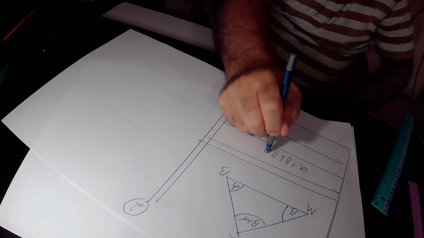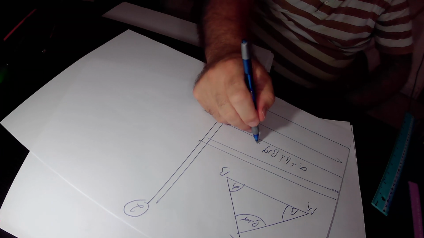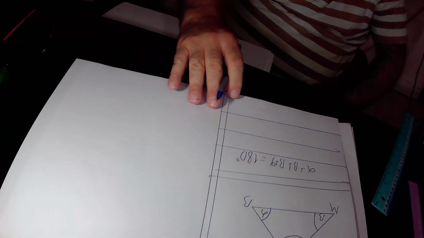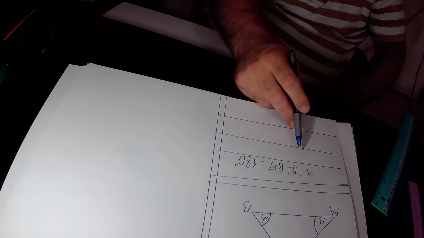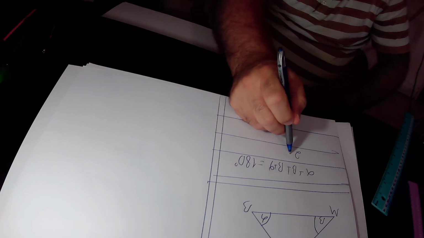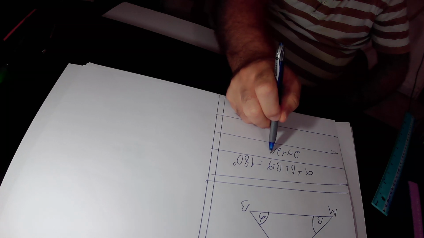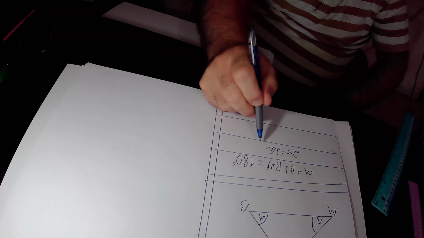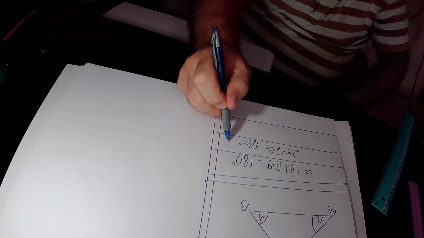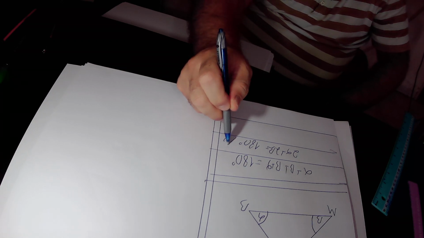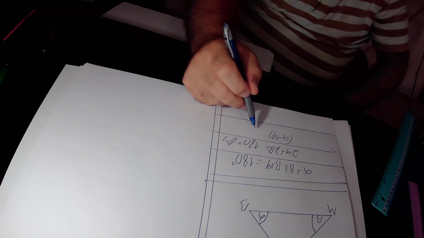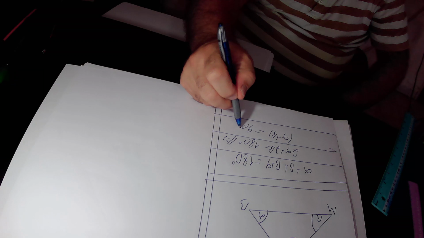In total, the sum of those three angles must be equal to 180 degrees according to the rule that I mentioned. So in this side of the equation, we have alpha plus alpha that is 2 alpha, beta plus beta is 2 beta. So in total, we found out that 2 alpha plus 2 beta equals 180 degrees. Here we divide this equation by 2, and finally we get that alpha plus beta equals 180 degrees over 2, which is 90 degrees.